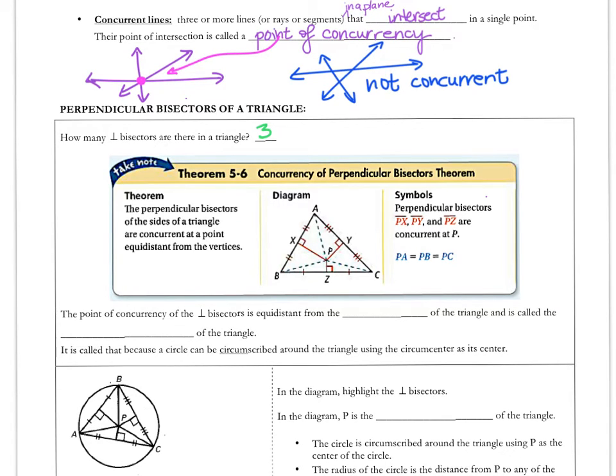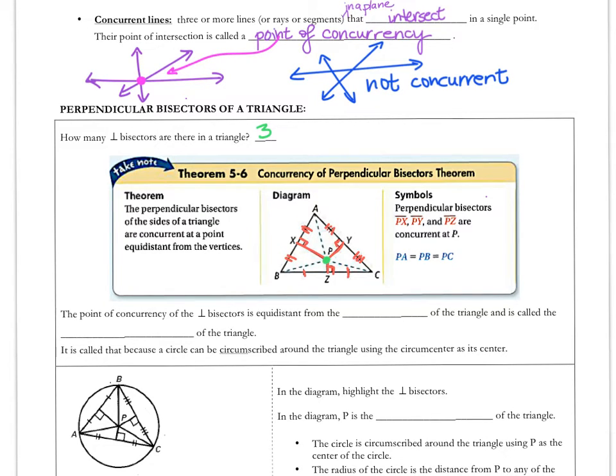Then perpendicular bisectors were drawn of all the sides. Now, notice that all the perpendicular bisectors are concurrent at a single point.